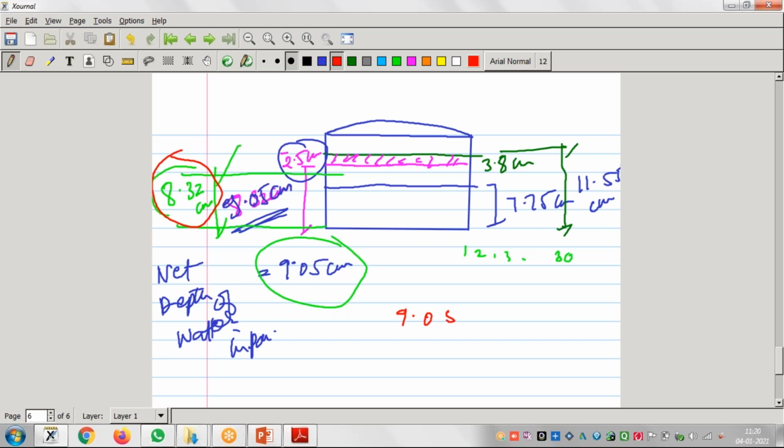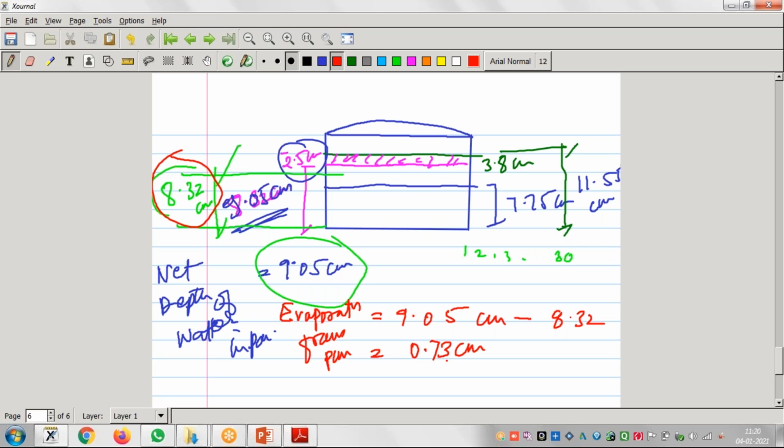Means 9.05 minus 8.32, so I will get the evaporation from the pan.